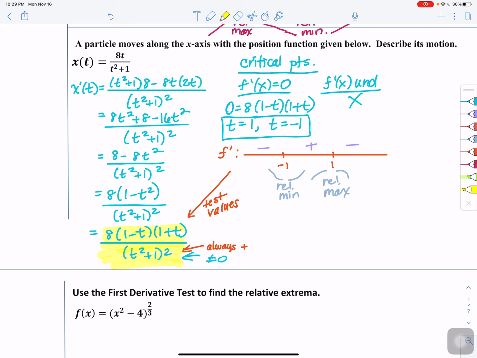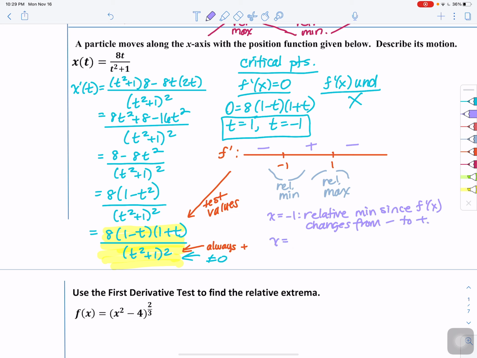Okay, let's just finalize this because we have to justify. So x equal to -1, there's a relative min since f prime of x changes from negative to positive.